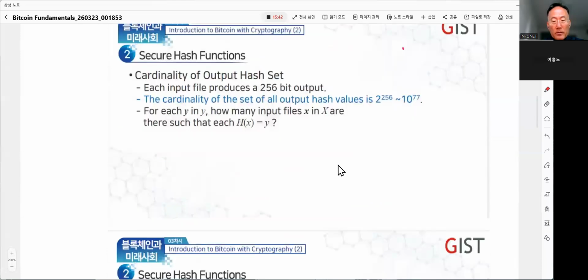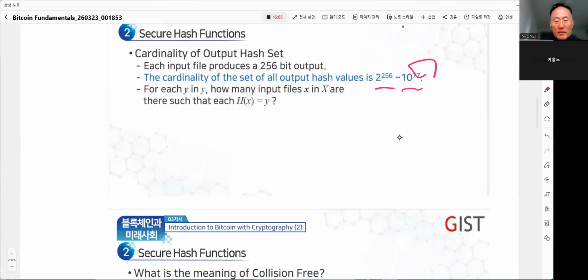And so let's take a look at the cardinality of the output hash set. It is 2 to the power of 256. So in decimal, it is about 10 to the power of 77, a 77-digit decimal number. So that's the size of the output.